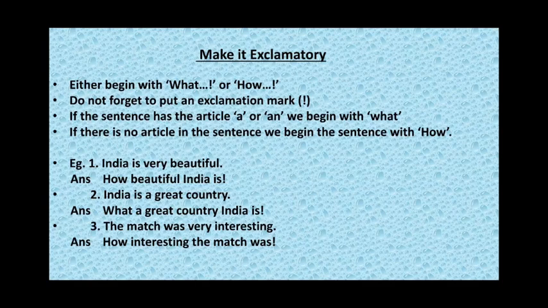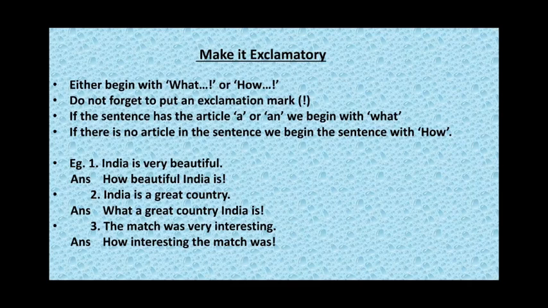Next, the match was very interesting. So here we have, how interesting the match was. So children, now you might be thinking that we are having the article the, but still we have added how. This is because children, we cannot add what here.